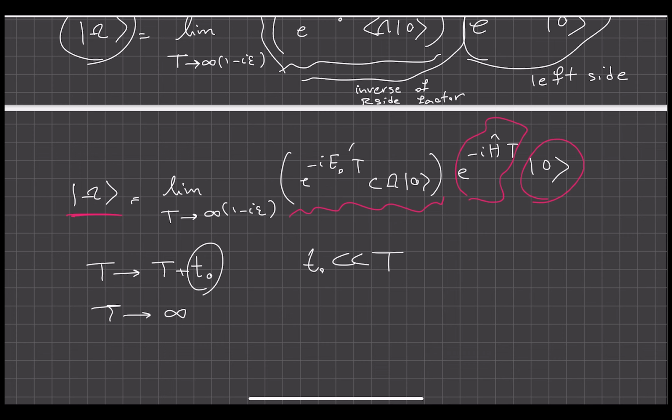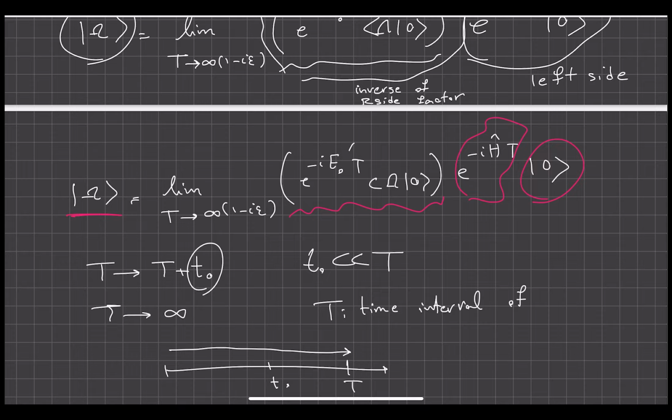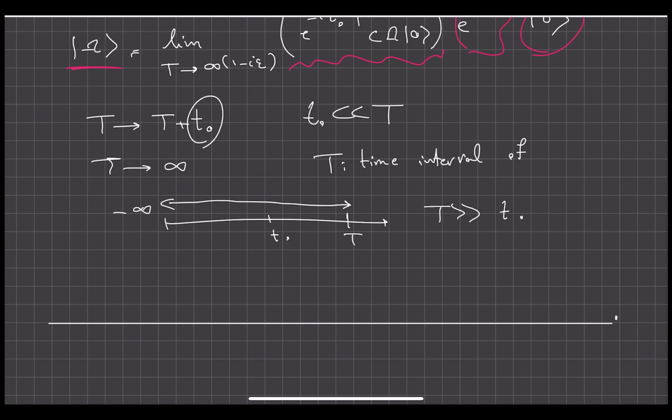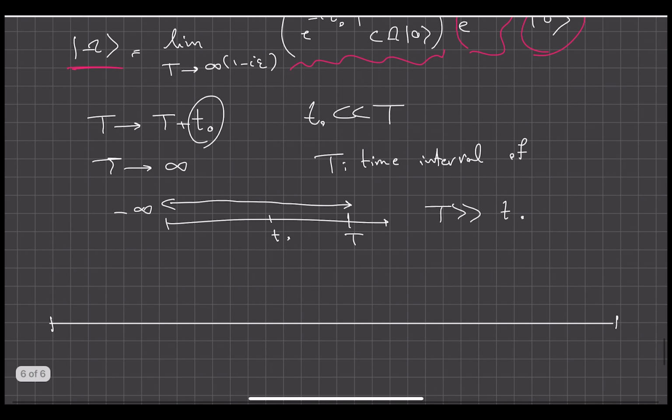So this t is basically the time interval of, let's say, this is t0 here. So this is also t. Imagine this t has a lot of distance from this minus infinity. So this t is much larger than t0. So you're assuming essentially that, imagine this is your timeline. Your interaction starts very early.